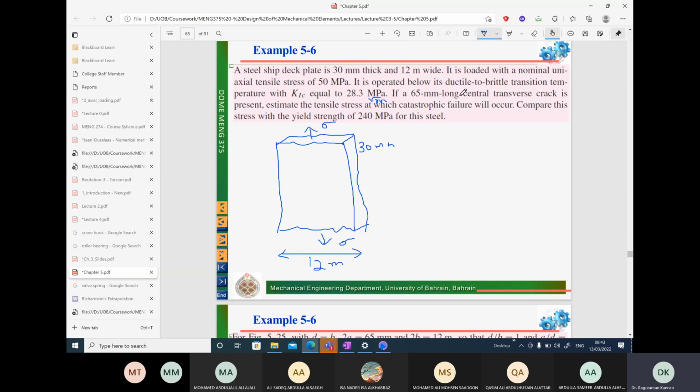If a 65 mm long centrally located transverse crack is present, in other words, right in the center of the plate we have a crack. Let's assume this is the crack through the thickness, 65 mm long.